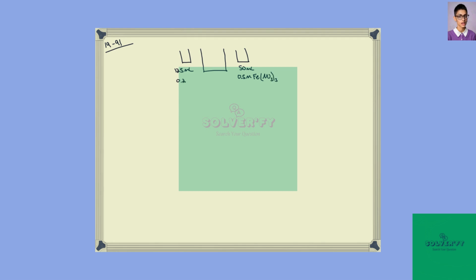And we need to figure out, for the purpose of separating these two cations, which cation will combine first with the hydroxide that is being added.